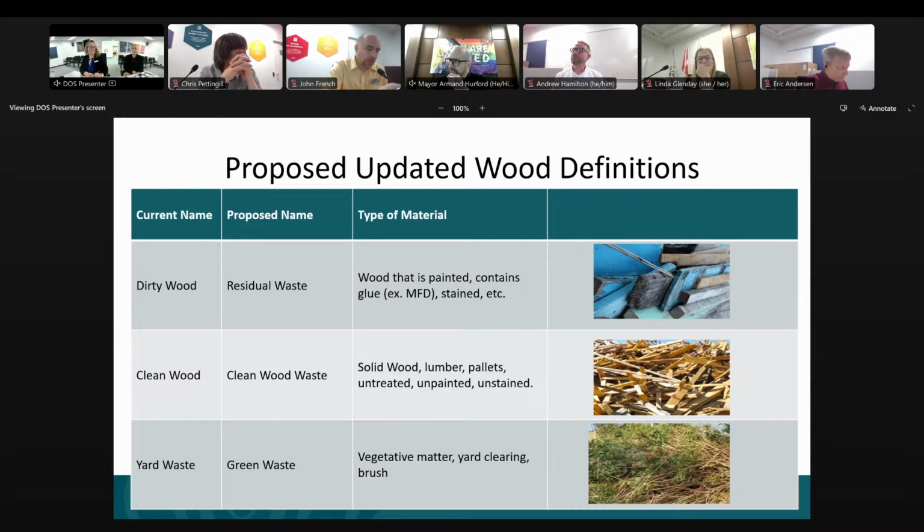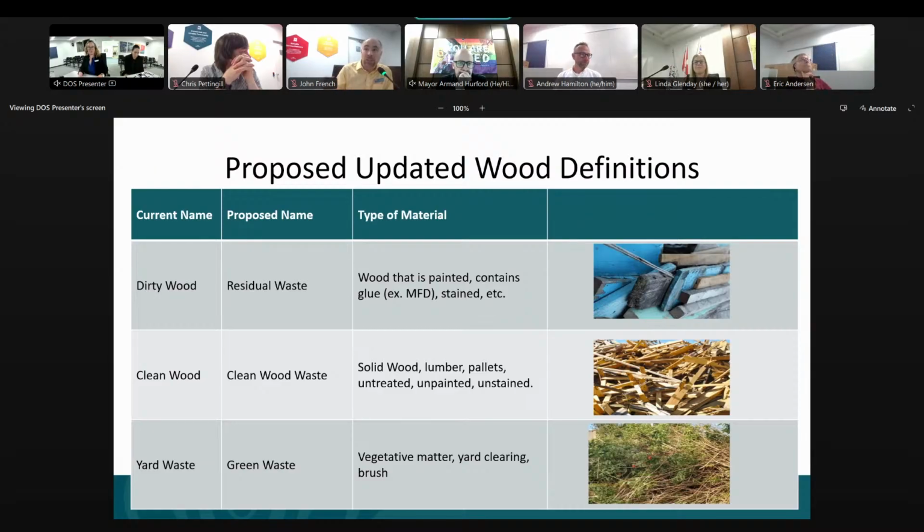Go ahead, Councillor French. Thanks, Mayor Herford and Councillor Pettingill for the questions about the scale. I had all the same questions, so that's all answered. I did want to do a little bit of a dig into the clean wood definition. In the definition that we have now, there's no reference to nails, staples, and other similar fasteners.